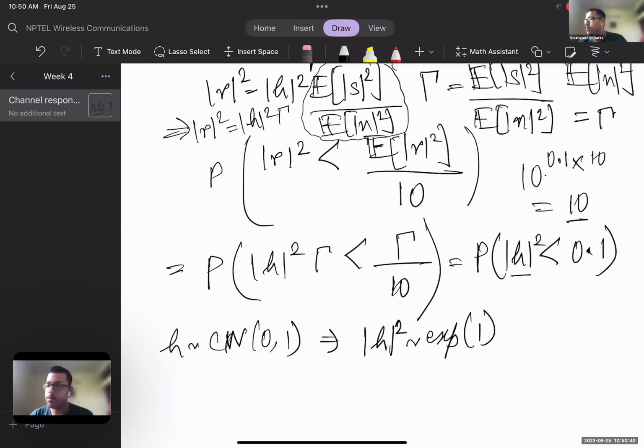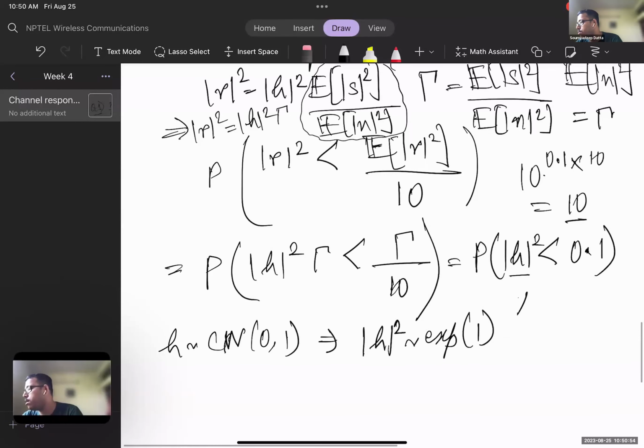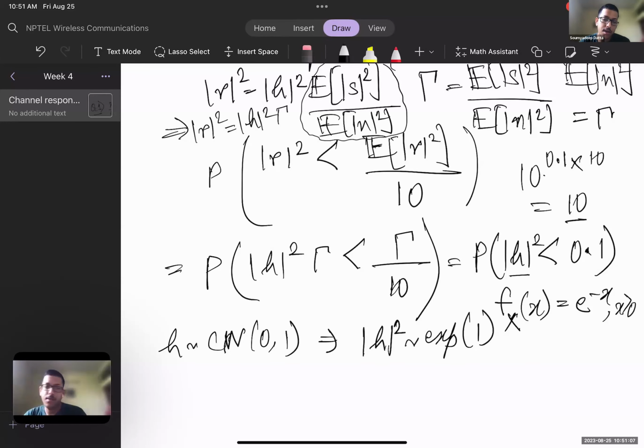So if I denote this mod h square by some quantity x, then the PDF is f of x equals e to the power minus x for x greater than 0.